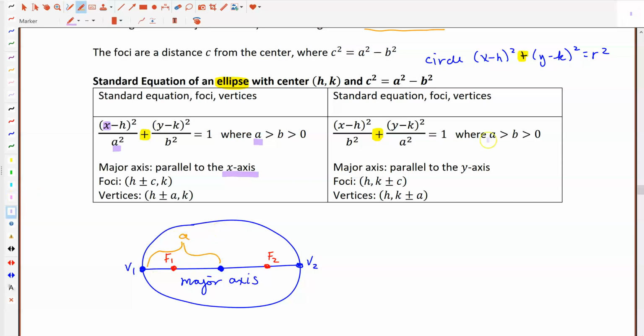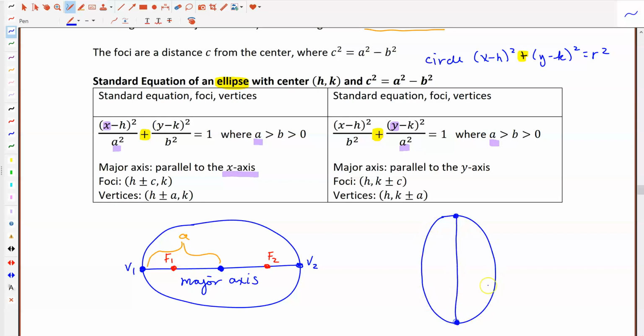If it's the case where the bigger of these two values, the A, actually lives in your equation underneath the y term, then your ellipse will have a major axis parallel to the y-axis.